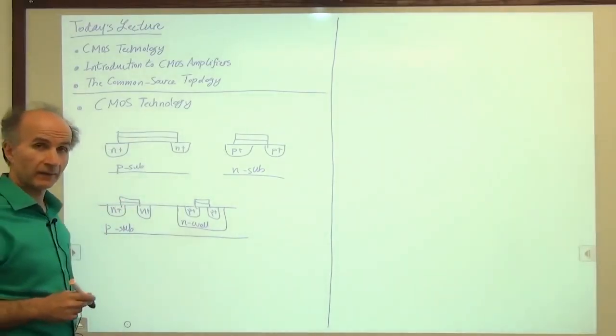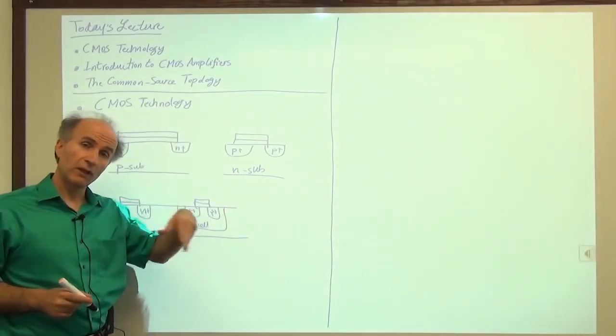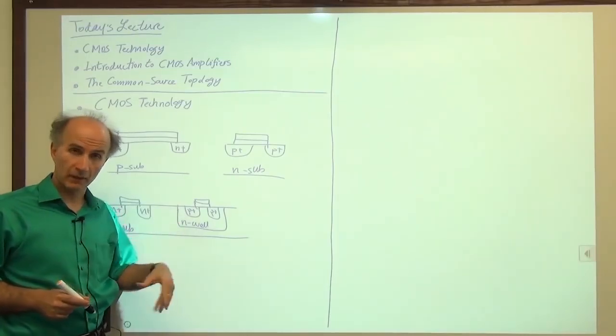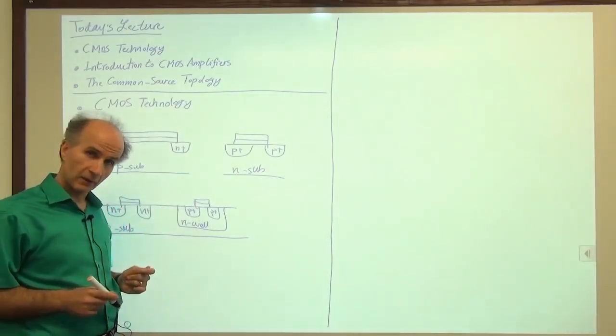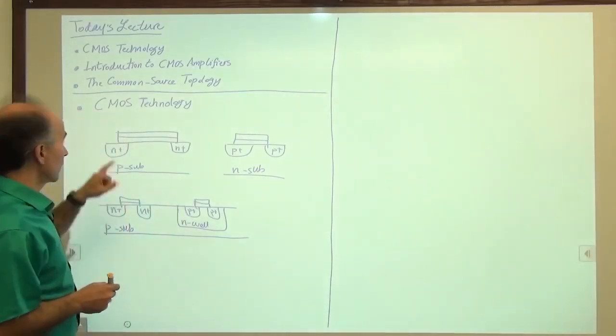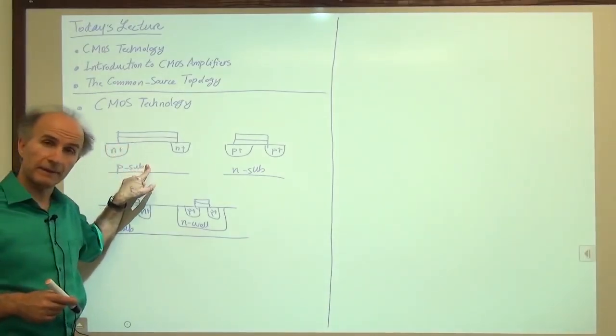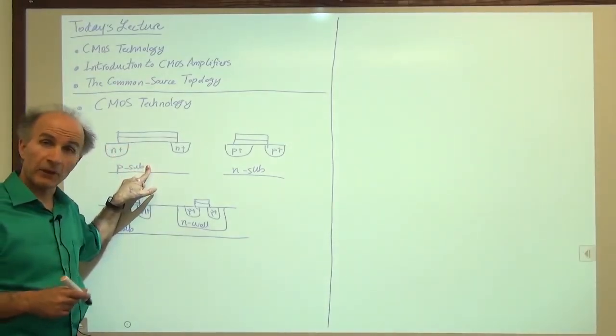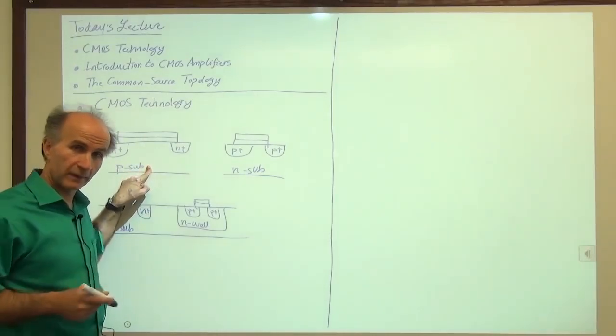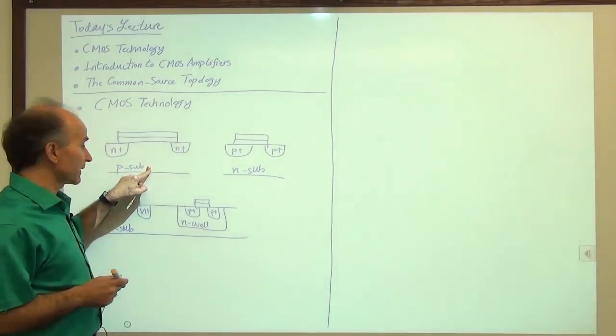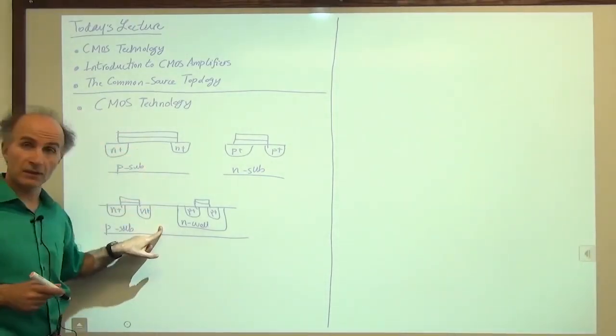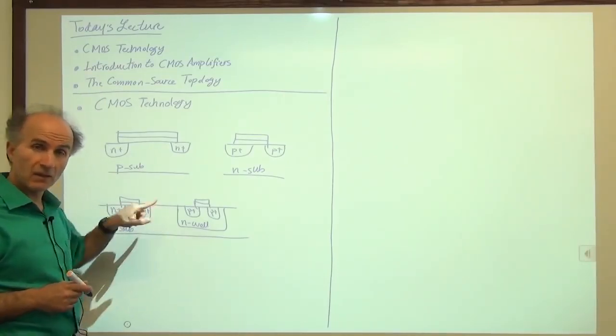What's interesting is that the first few generations of MOS technology back in the 1960s, early 70s, were using only NMOS devices because of technological limitations and cost limitations. And in fact, many people said going from here to here is just too expensive. This is not worth it.